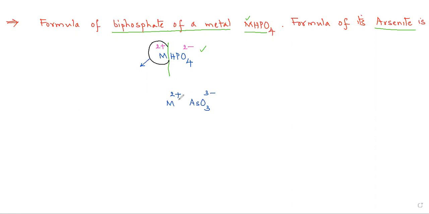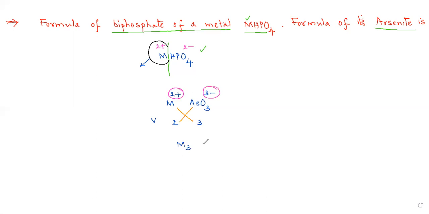Come on, write the valence. It's very simple now. The valency of metal ion is 2, and the valency of the arsenite ion is 3. Come on, take a crisscross.